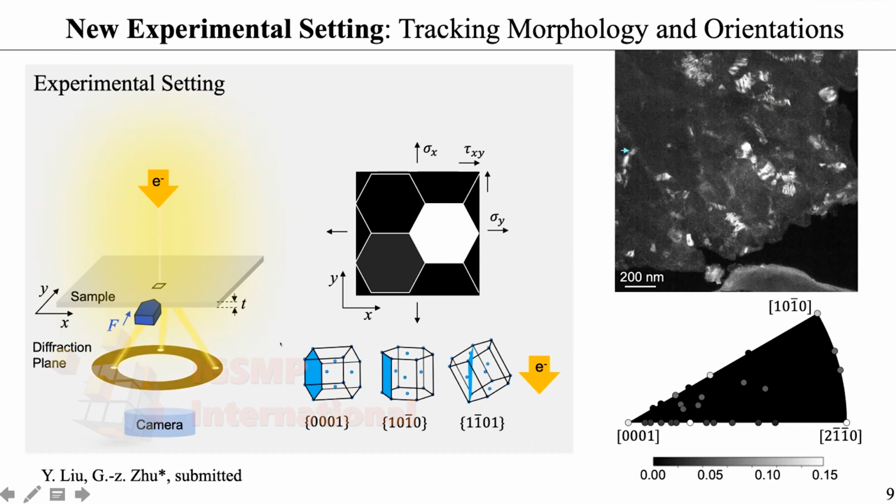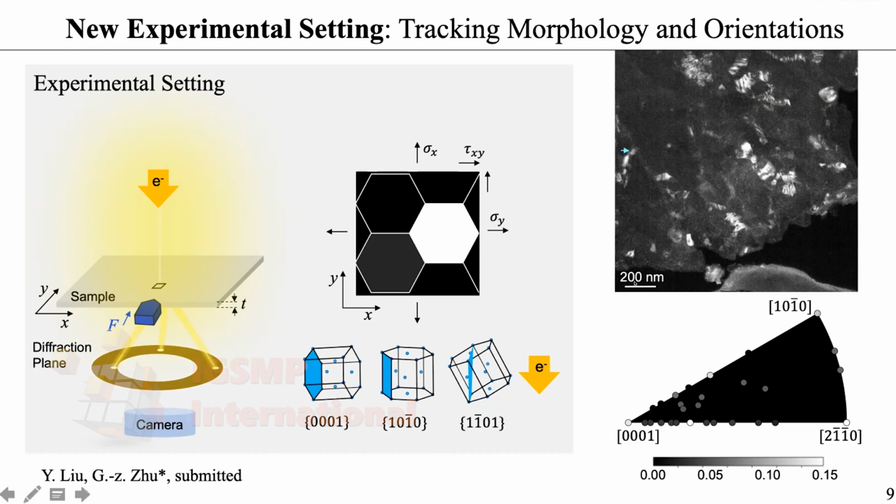In that situation, we can see how the orientations change during deformation. By imaging, we can see the line features illustrated here, and that's because of the existence of the slip systems, that is, the dislocations. By doing that, we can see both the dislocation movement and the grain orientations together.